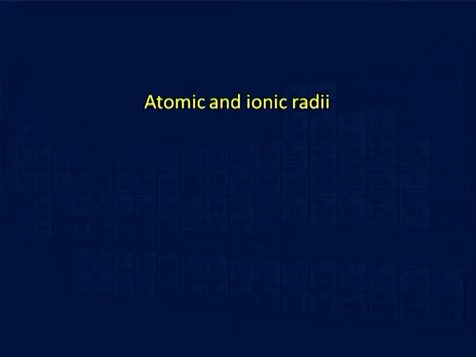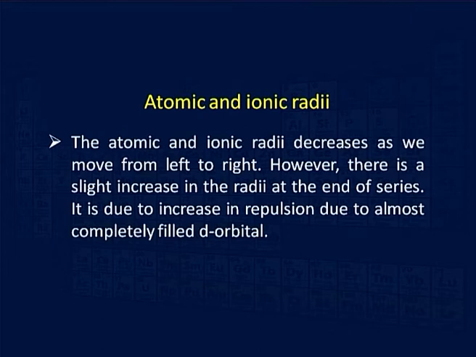Let us talk first about the atomic and ionic radii. The atomic and ionic radii decrease as we move from left to right. However, there is a slight increase in the radii at the end of the series. This is due to increase in repulsion due to the almost completely filled d orbital.